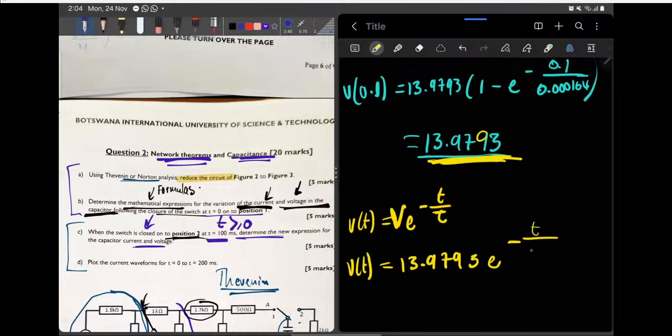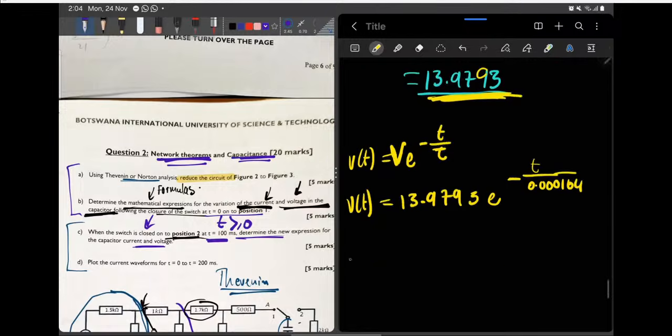Over tau, which is 0.000164. There we have it. So now we can say I as a function of time. For discharging, I is negative V over R, then e to the negative t over tau.